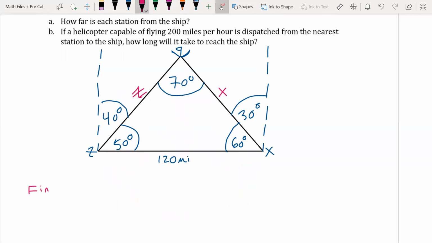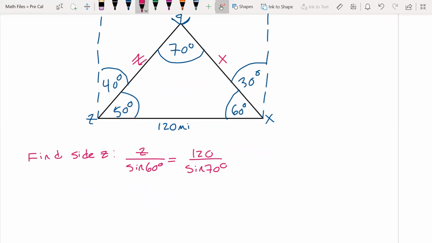So we're going to find side Z. Using our law of sines, to find Z, we get Z over the sine of 60 degrees equal to 120 over the sine of 70. Then Z equals 120 times the sine of 60 over the sine of 70.